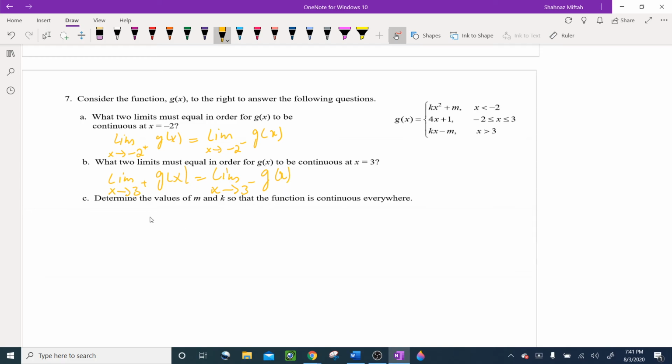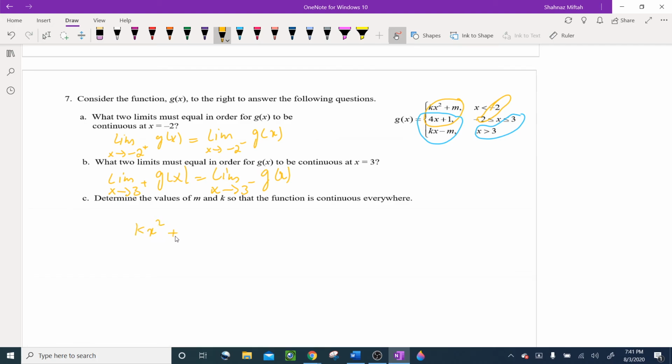Now let's find out the m and k. Again, I told you guys before, this is negative 2 and negative 2, right there. So these two equations we are using for negative 2. Now for 3 and 3, I'm using these two equations for 3 and 3. So let's use the yellow one first, the 2. So I'm going to make them equal each other.